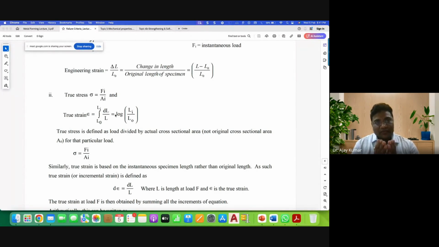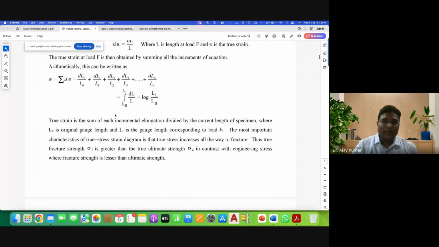If the area is reducing when you are applying the load, the stress should increase, right? When you use the instantaneous cross-sectional area. But in engineering stress, you are using only the original cross-sectional area. That is why the true stress is more than the engineering stress.